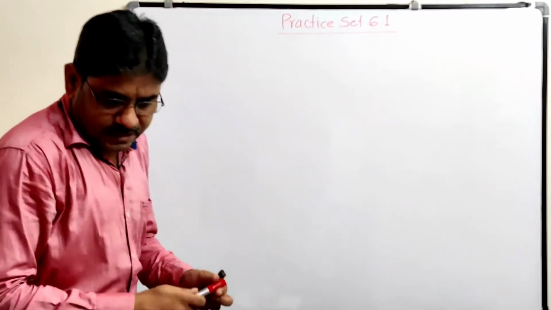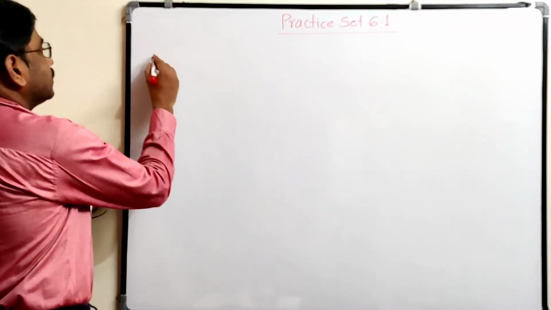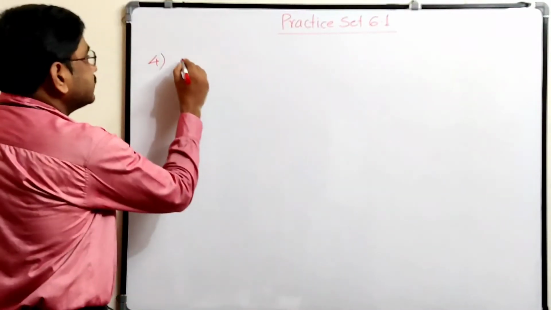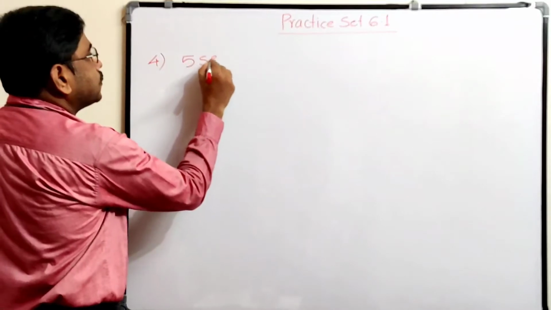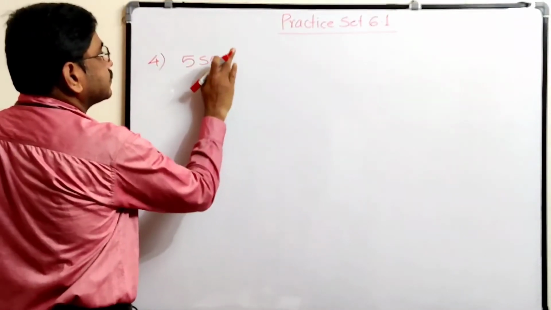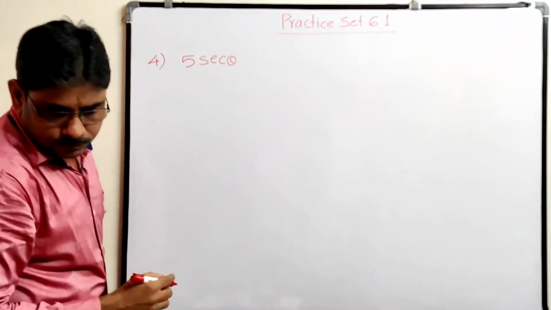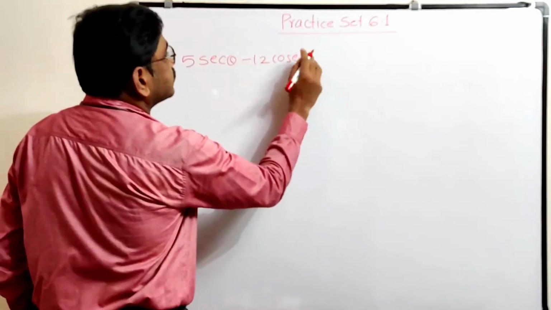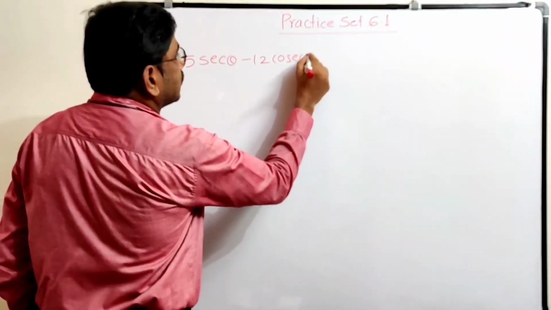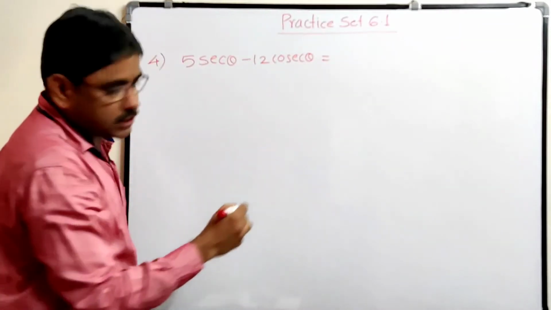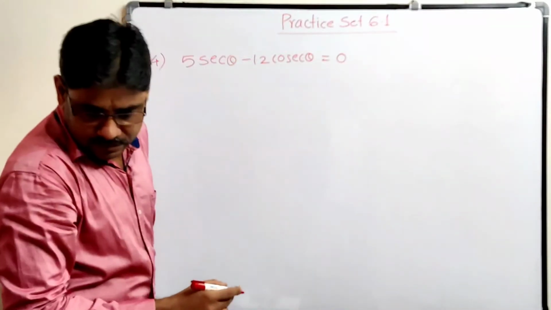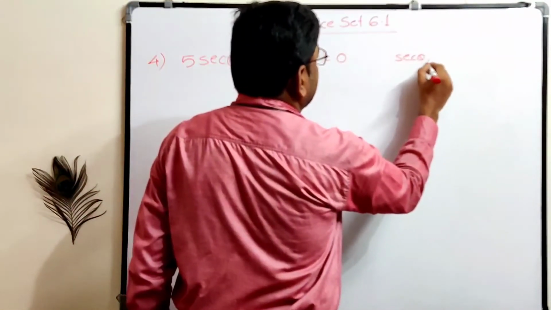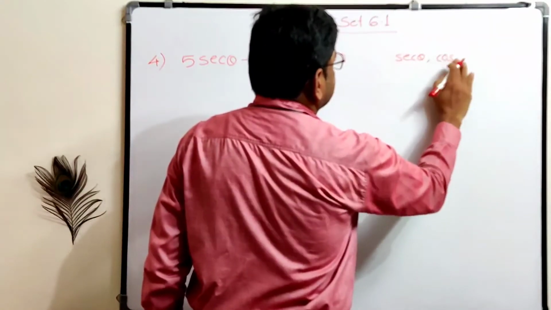Now in the fourth sum, what is given? Direct value is not given. We have to find the value of one of the ratios. If 5 sec theta minus 12 cosec theta is equal to 0, then find the values of sec theta, cos theta and sin theta.